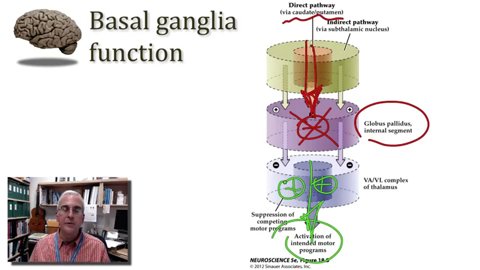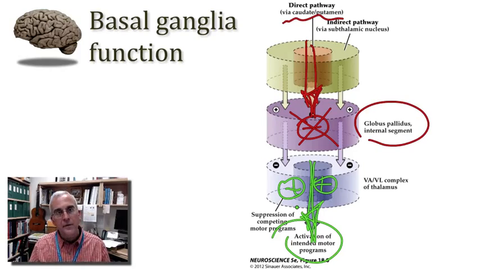Well, what I want you to appreciate is that there is a large surround of possible movements that could interfere or antagonize the desired motor program. So while we have a specific program in mind to activate, we also want to enforce the suppression of all other possible motor programs that pertain to the same musculoskeletal units. And this is where this concept of surround inhibition, I think, might be useful.